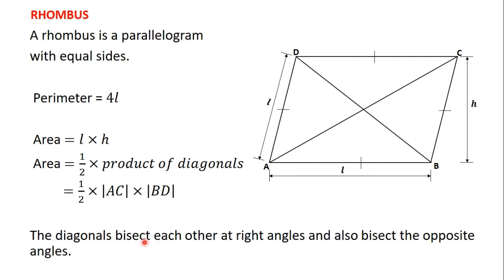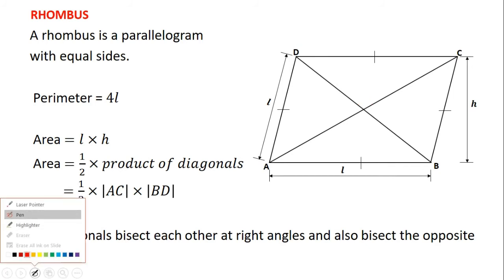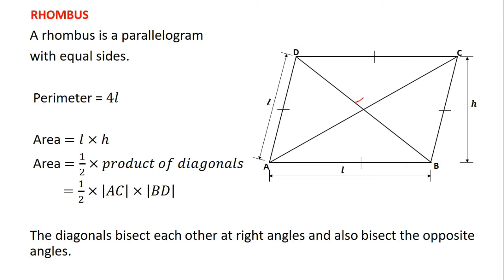That is what we mean by it bisects it. It also says that they bisect each other at right angles, which means that the angle formed where they meet is 90 degrees. So the angle formed here is a right angle, or a 90 degrees angle.